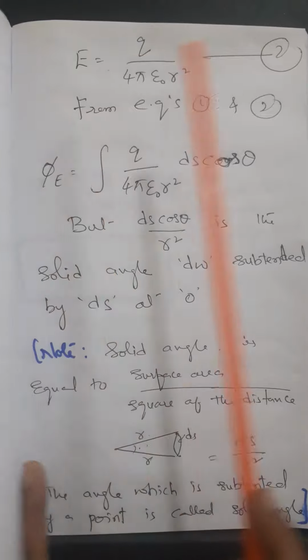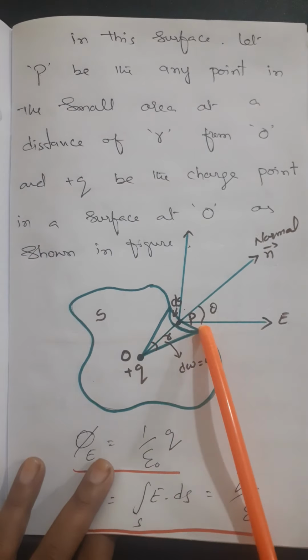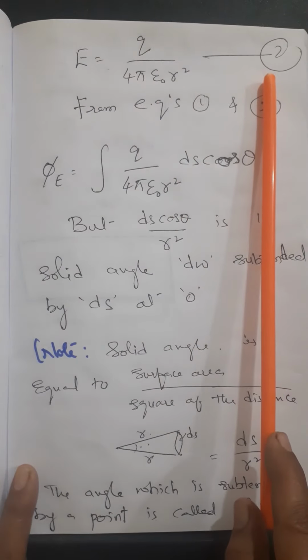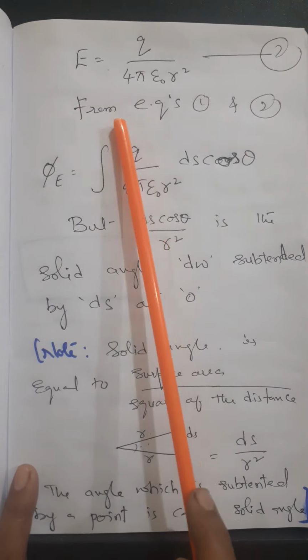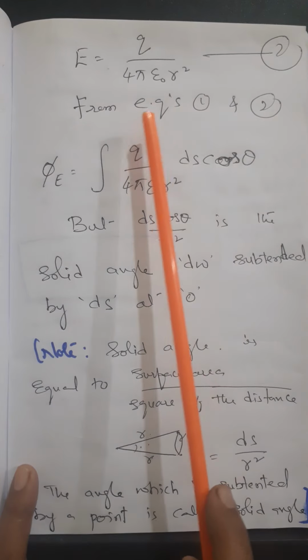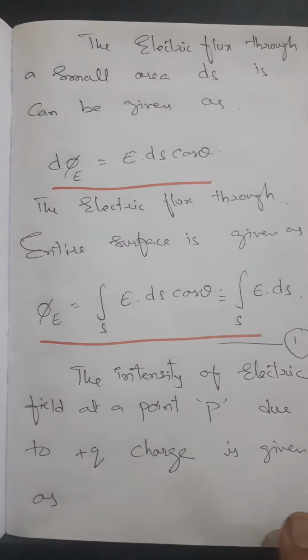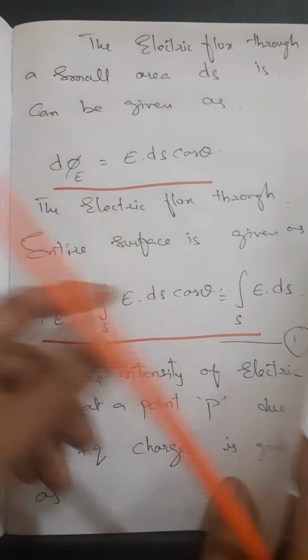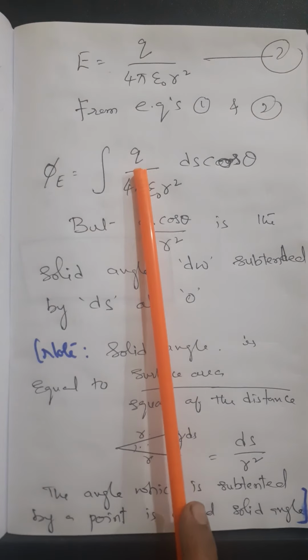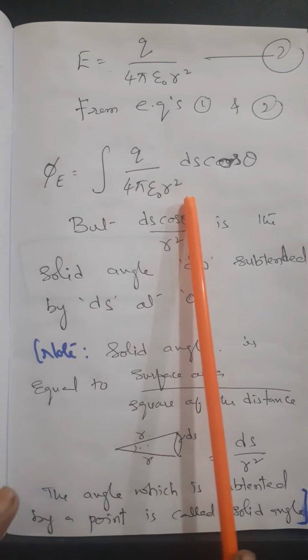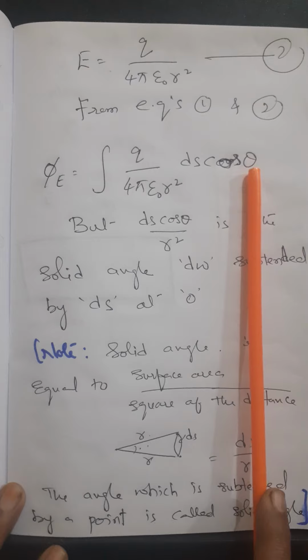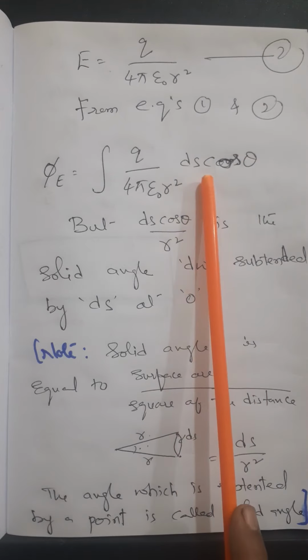Let us call this equation number 2. Substituting equation number 2 in equation number 1, E dot ds can be written as Q by 4 pi epsilon naught r square ds cos theta.